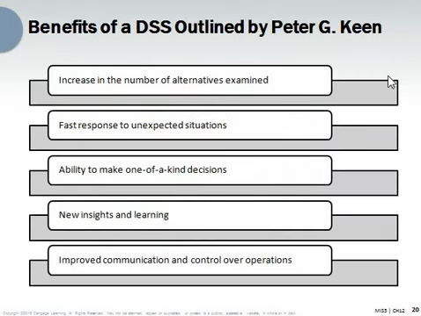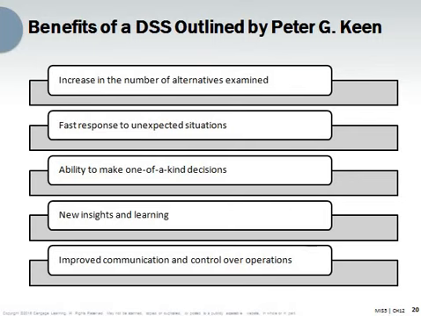Benefits of DSS outlined by Peter G. Keen. Benefits of decision support system. Right. Increase in the number of alternatives examined, for implementing any decision, for taking any decision.